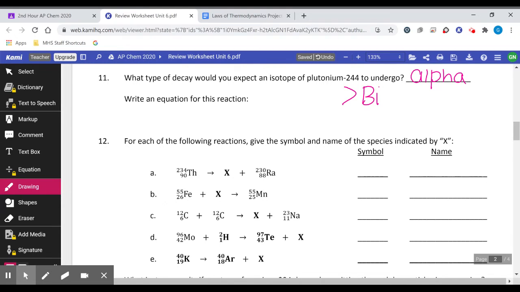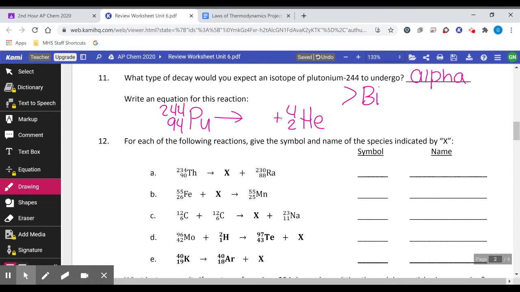Okay, so let's write an equation for this reaction. We're starting with our plutonium-244. My atomic number is 94 here. Okay, so we're decaying, and we are expecting it to undergo alpha. So we have our helium nucleus over here for our alpha particle.